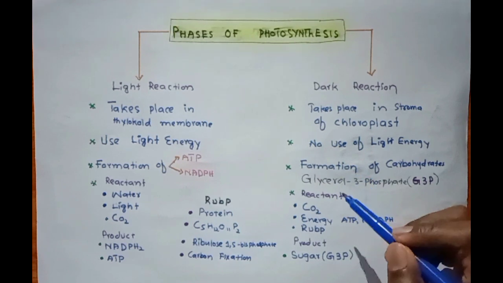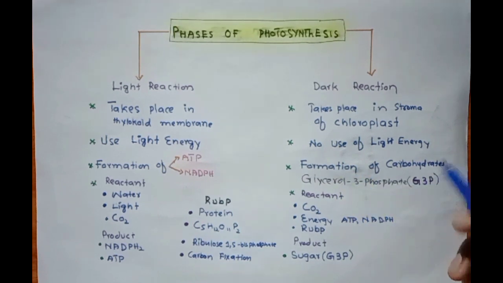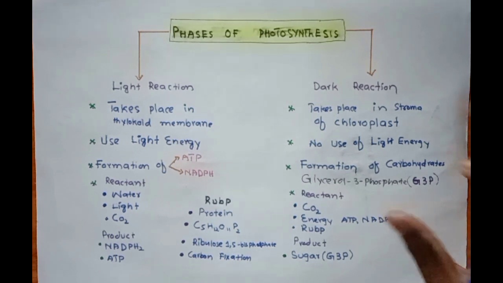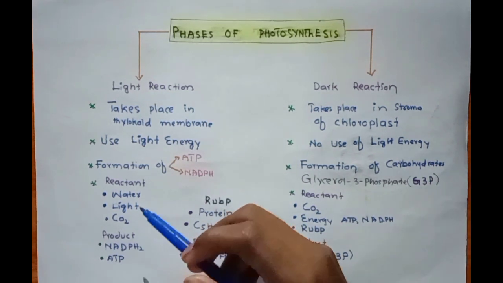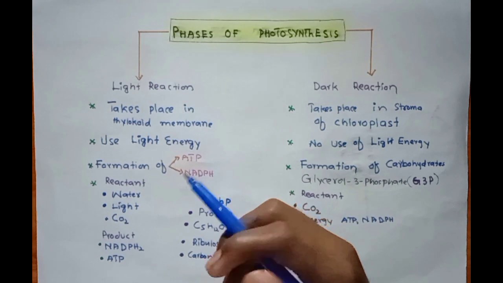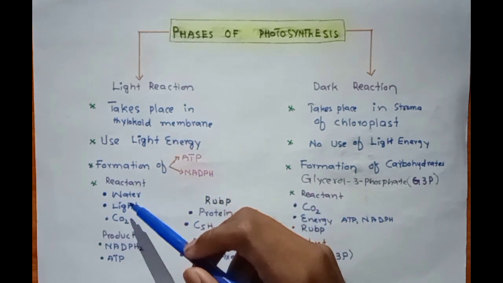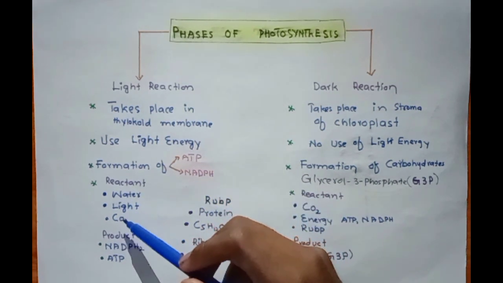In the dark reaction, there is formation of carbohydrates in the form of G3P. What is G3P? That is glyceraldehyde 3 phosphate, the product formed in the dark reaction. What are the reactants in the light reaction? Water, light and carbon dioxide.